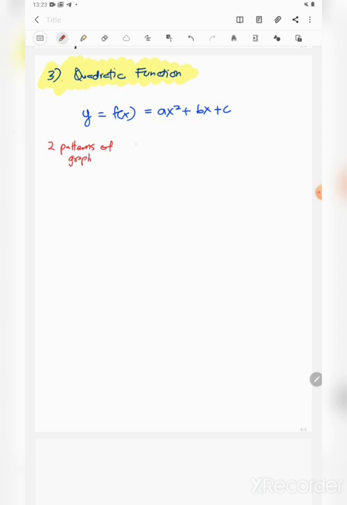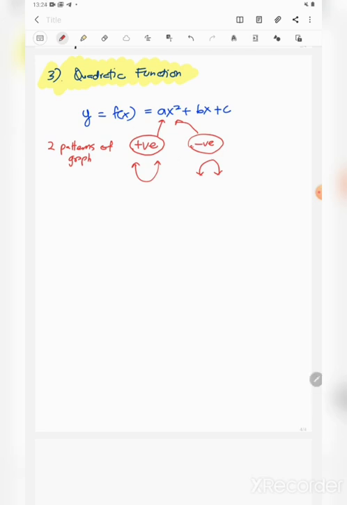Pattern number 1: let's say we have a positive number for the x square, the graph will be a smiley graph. Let's say we have a negative number for the x square, the graph will be called a frown graph, a sad graph.